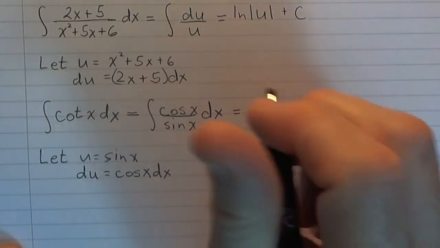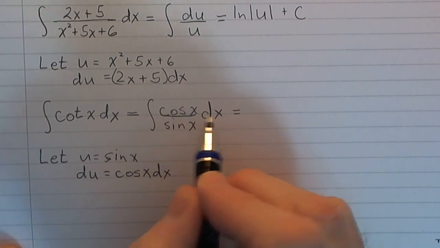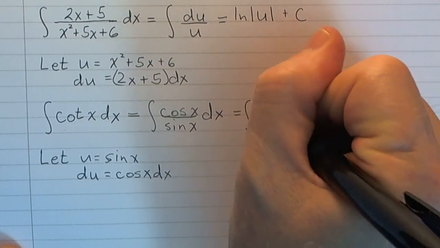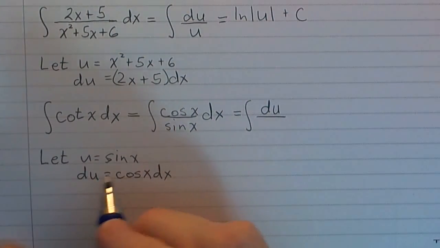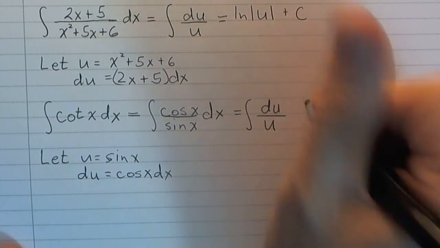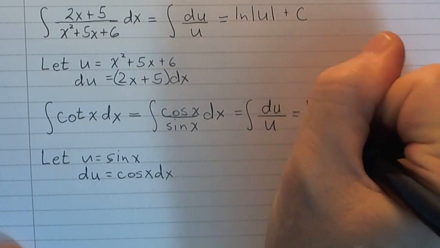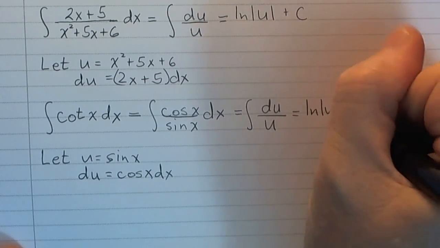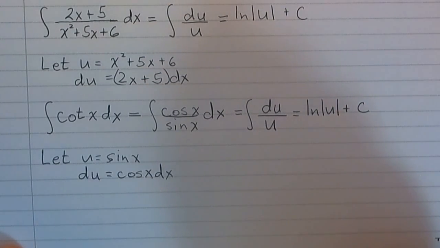Let's see what that looks like. In place of cosine x dx, I'm just going to put du. And in place of sine x, I'll just put u. And now notice what we have. We have the natural log of the absolute value of u plus c.